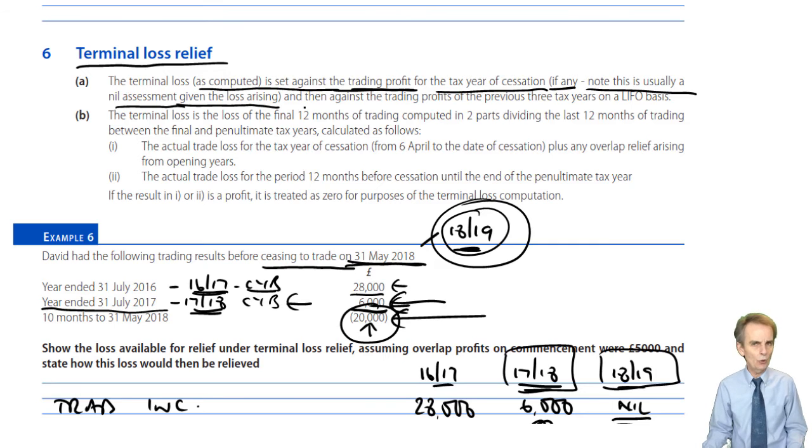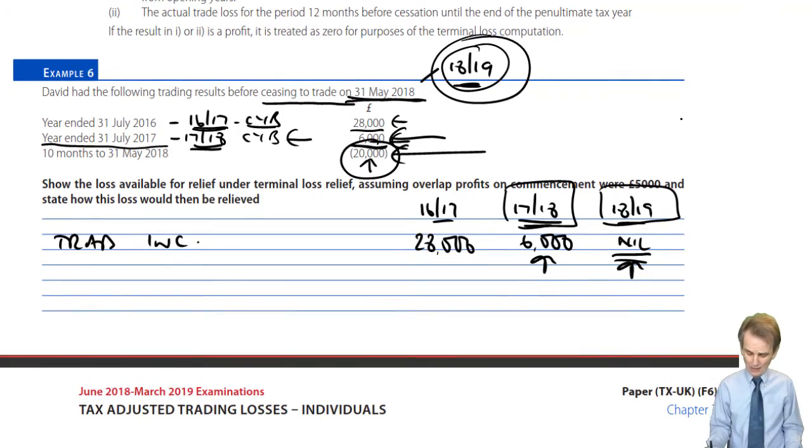It is unusual, probably not going to see that in an exam question, but the rule says that first of all, having got on a separate computation the working of terminal loss, the set-off would be against trading income of the final tax year, though almost inevitably that will be a nil assessment.